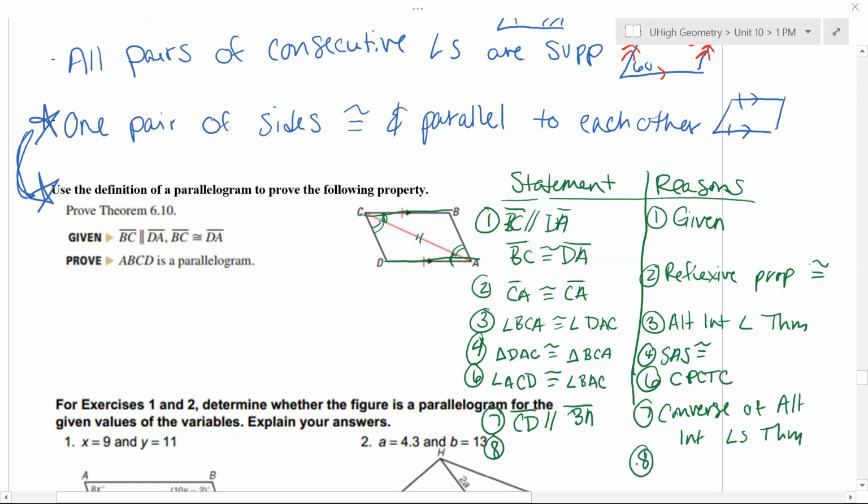It's okay. Then number 8, since now I've proven that my other two sides are parallel, now I can say that ABCD is a parallelogram by the definition of a parallelogram.